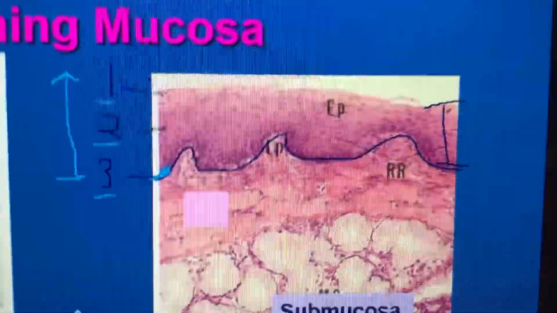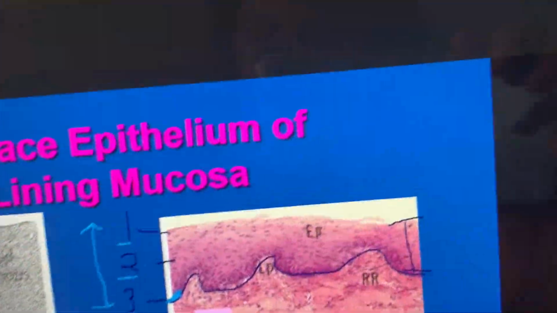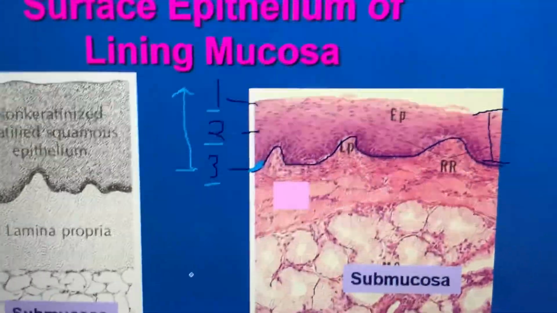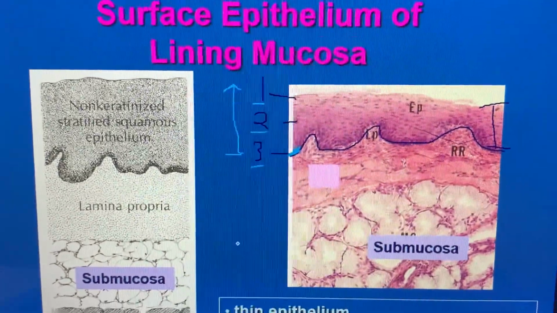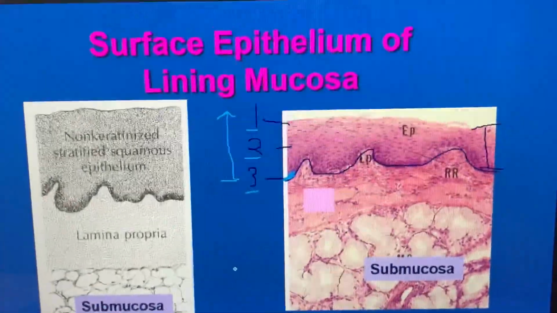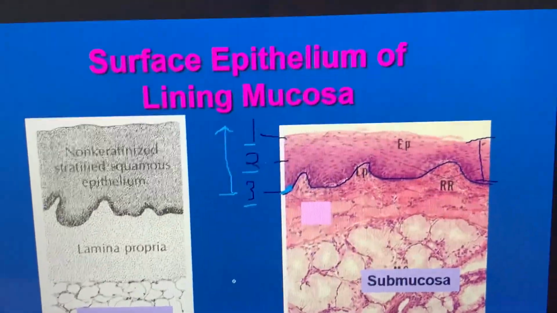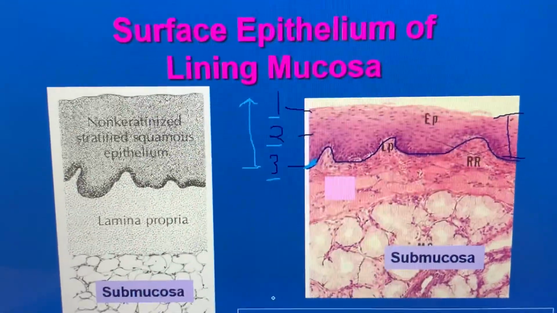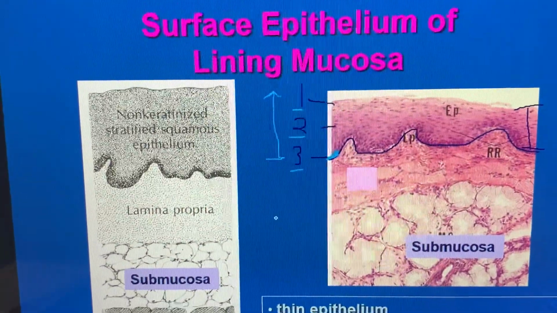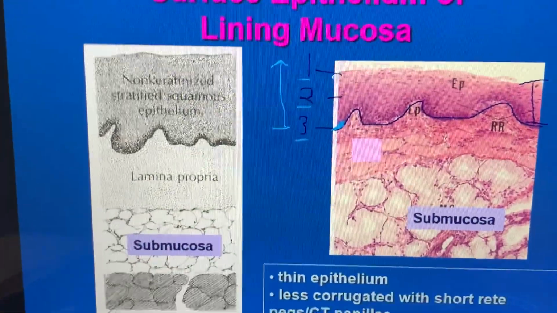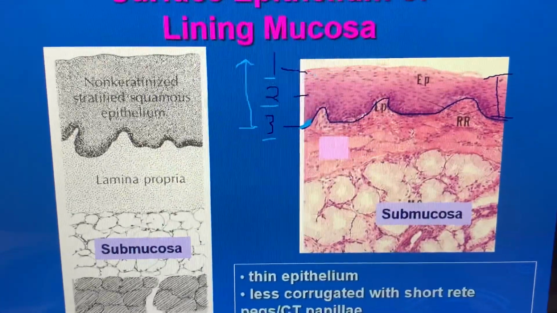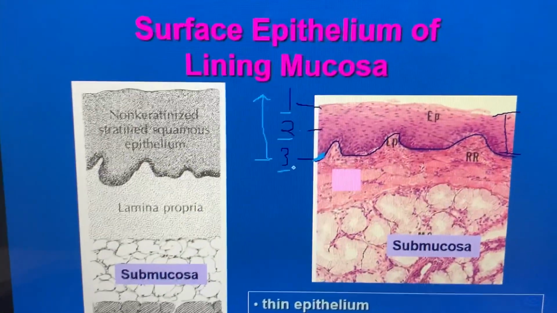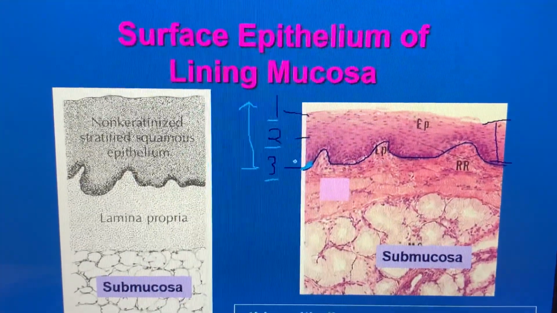Okay, so I just want to highlight for the practical part of the quiz, I'm going to ask you, is it orthokeratinized, parakeratinized, or non-keratinized? The other thing I can ask you is, what are the names of the different layers? If I'm just pointing to one of these, then you have to identify the layer that I'm pointing to.